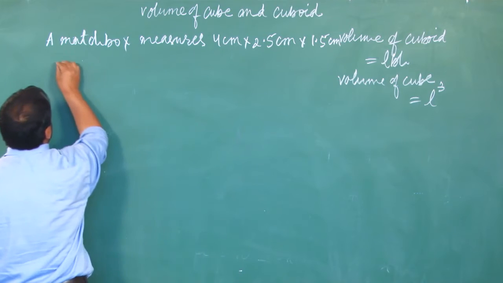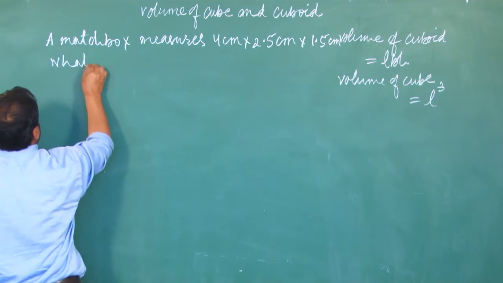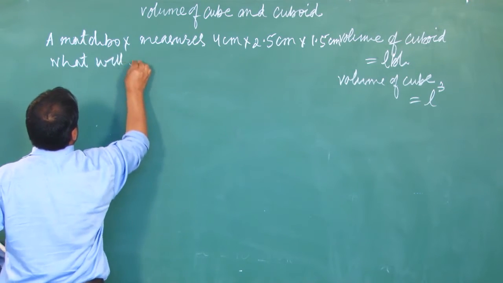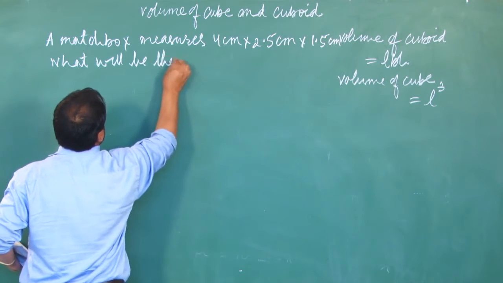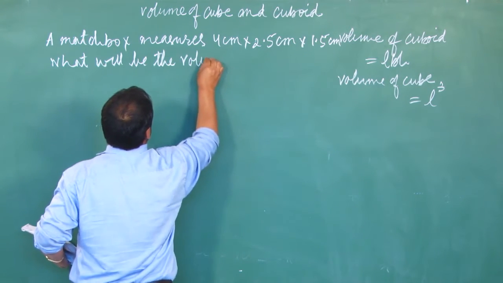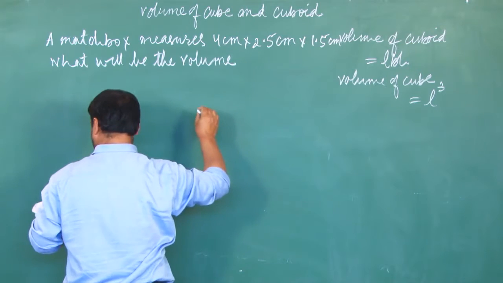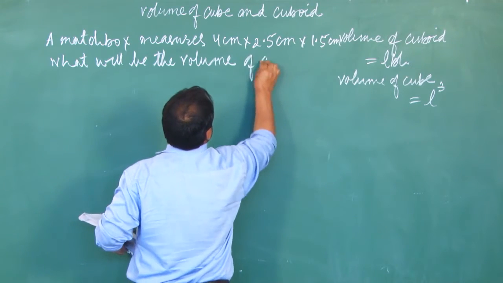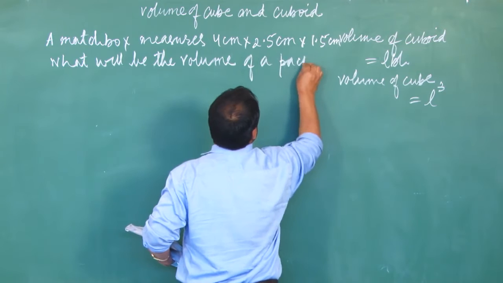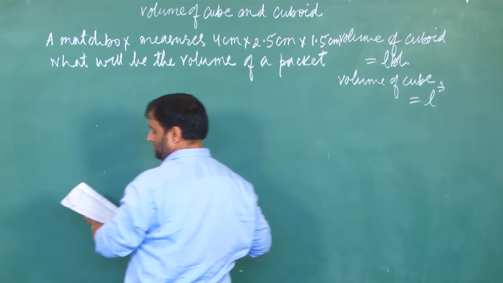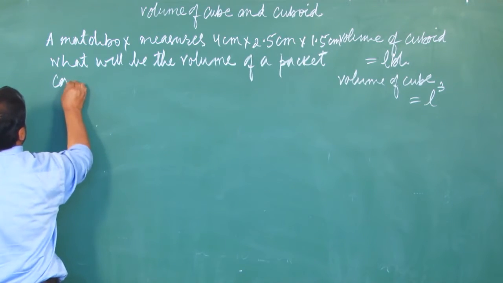What will be the volume of a packet containing 12 such boxes?